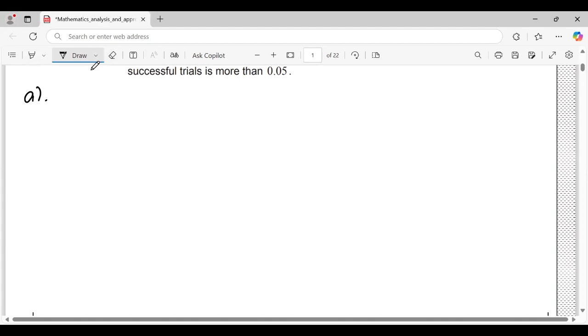A. The expected value of x, or E(x), for a continuous random variable is given by this integral, the integral from minus infinity to positive infinity of x times f(x) dx.